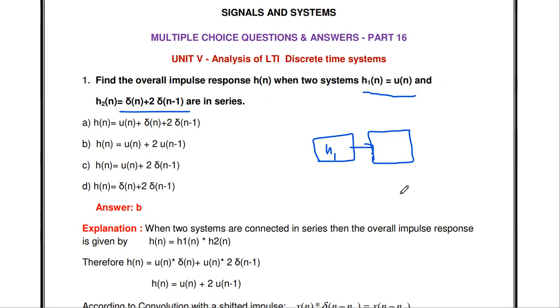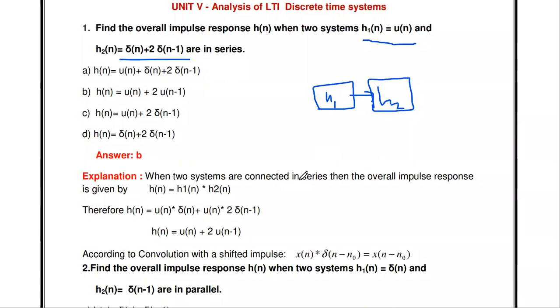What is the overall impulse response? When two systems are connected in series, the overall impulse response is the convolution of the two individual impulse responses. So h of n equals h1 of n convolution with h2 of n.